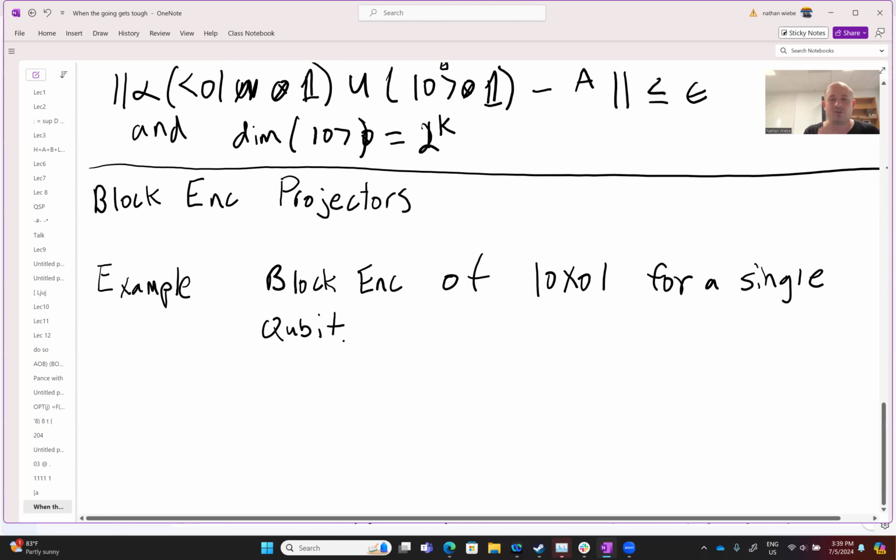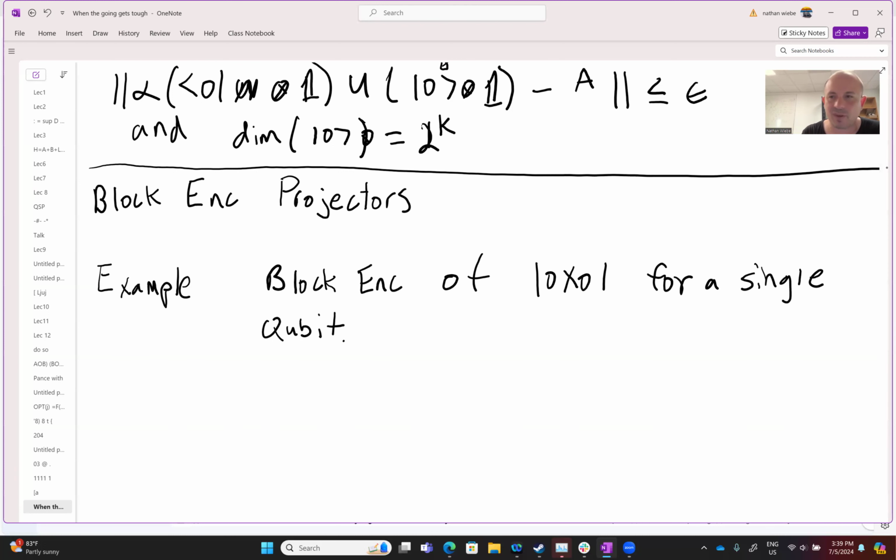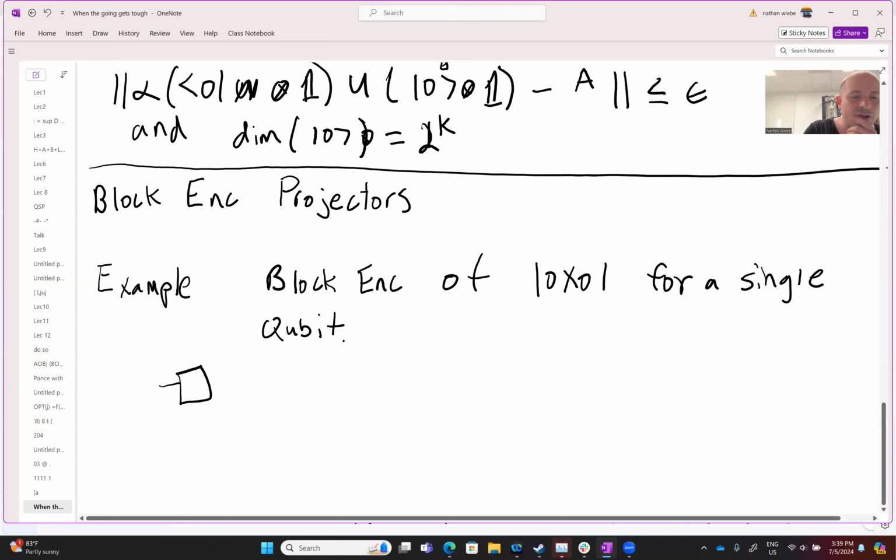Well, how am I going to do that? Well, the way that we can end up doing this is the following. We can see that the following circuit will produce such a block encoding.